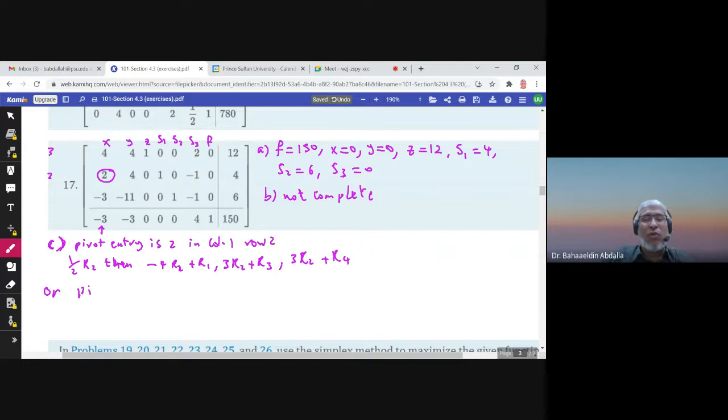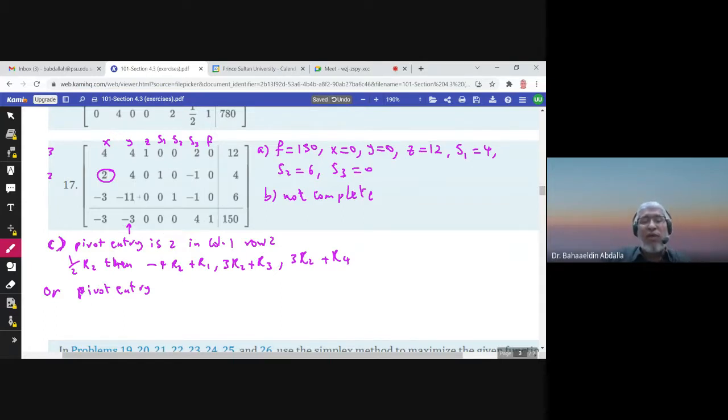Or the pivot entry could be, if we choose now this column as a pivot column, we can choose either of them because they are equal, -3, -3.